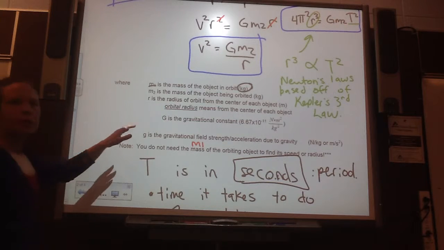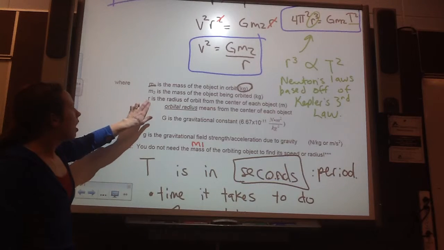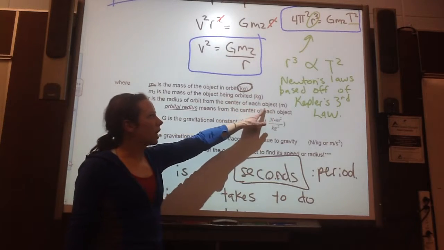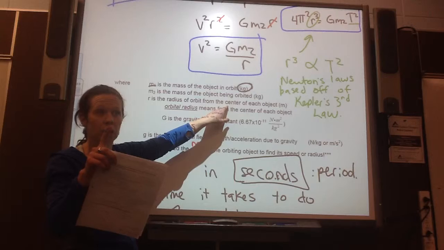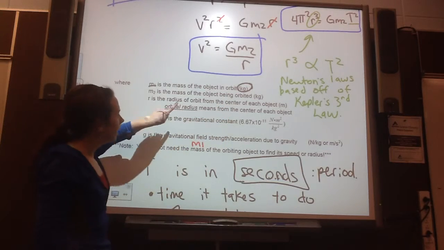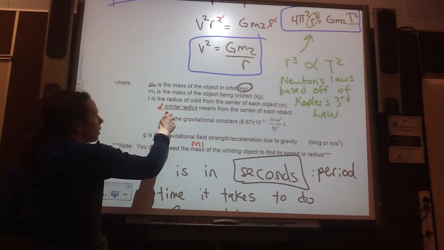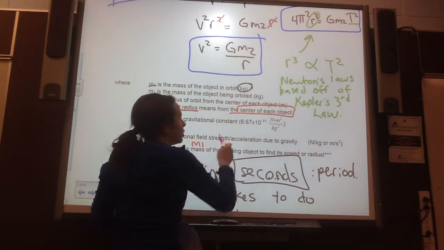Look at this. This is kind of a new thing for this unit. R is the radius of orbit from the center of each object. We kind of already knew that, because we need to go from the center of Earth and include Earth's radius. But here's a new term. The orbital radius means from the center of each object.